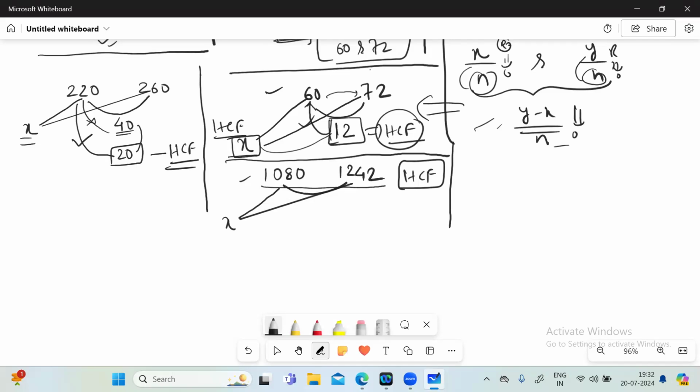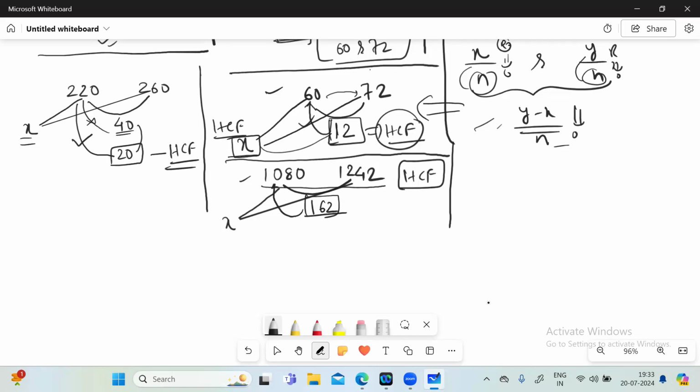So now X will also divide the difference of these two. The previous was very easy, that's why I'm writing another number to make it a little difficult. It will be 162. Okay. So I'll start checking from 162 whether 162 divides 1080 or not.